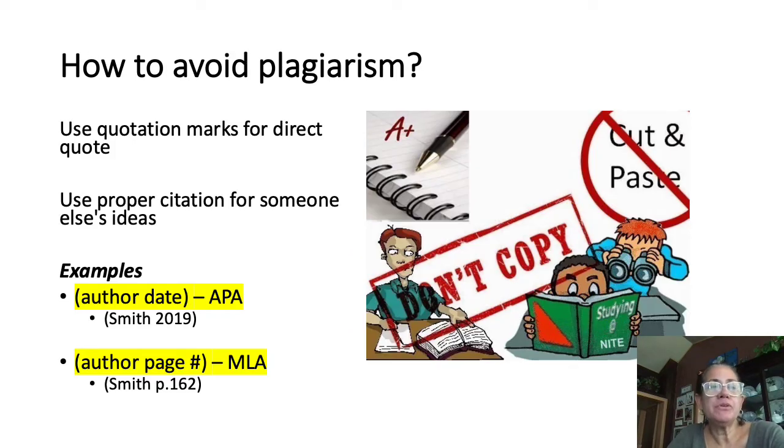Now how do you avoid it? Now that we know what it is, which means we're not gonna put down things, copy and paste word for word without identifying where we got it from. So we're not gonna steal because it's dangerous and because we know it's wrong. The next thing we're going to do is make sure to use proper citation for someone else's ideas, right?